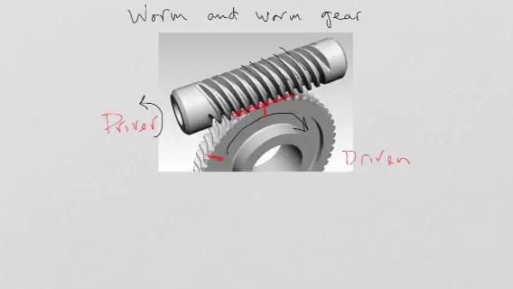Is there a lot of friction in this system? Where is friction happening? Friction is happening everywhere that these come into contact. This can also elicit a lot of torque, a lot of power.